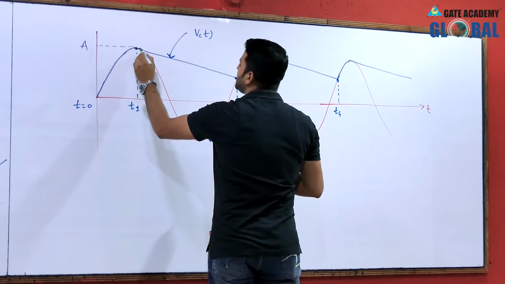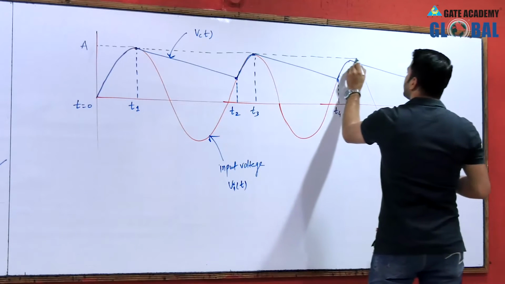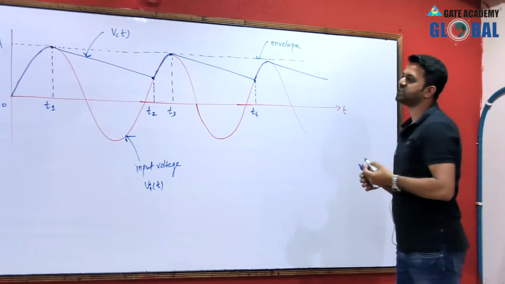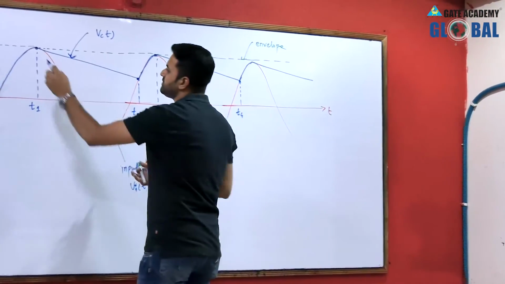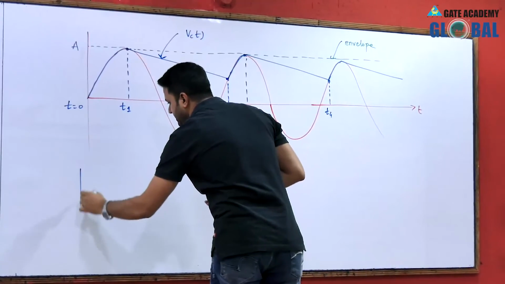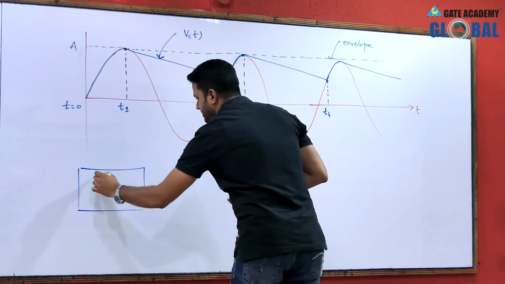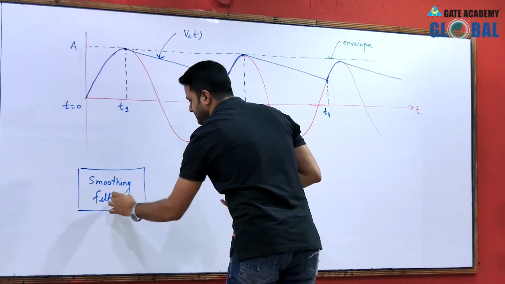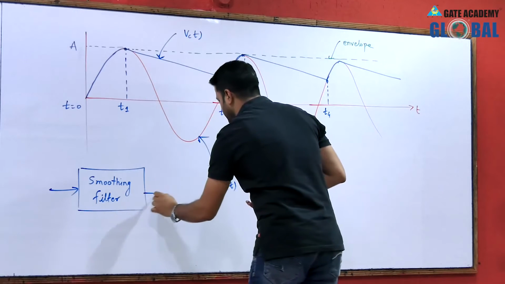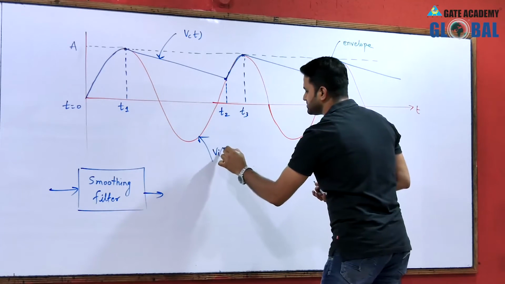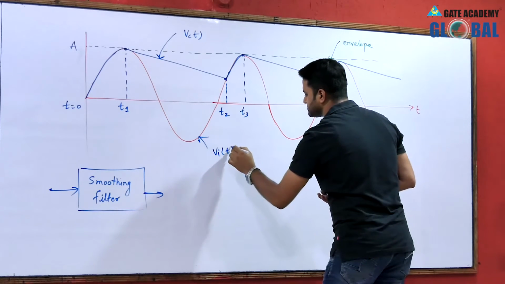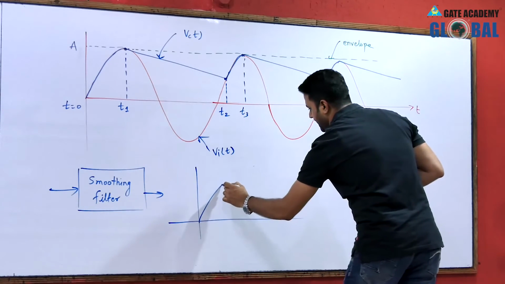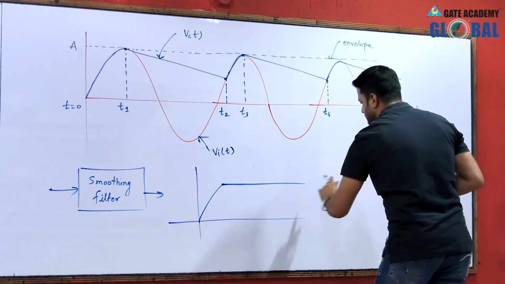If we connect these peak values, they are nothing but the envelope. So the peak values are the envelope, and when we pass this line through the smoothing filter, we get the output like this.